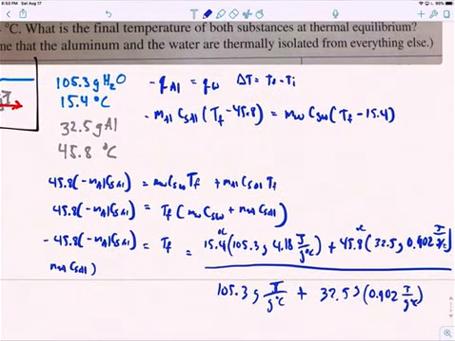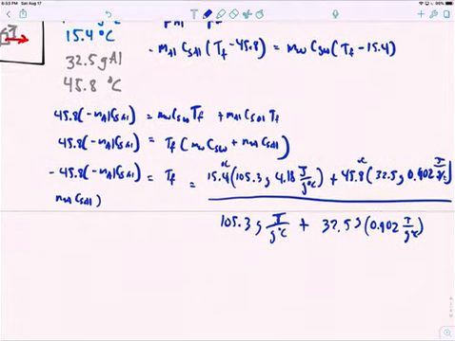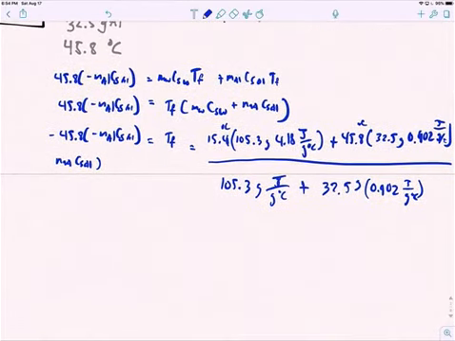So the next thing we're going to do is solve for the final temperature. You basically rearrange everything to solve for the final temperature, and I've done that there. I did this before because writing all this stuff down is a little mind-boggling.